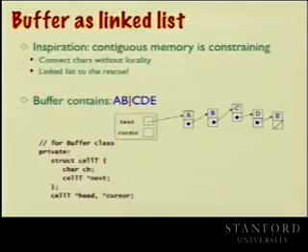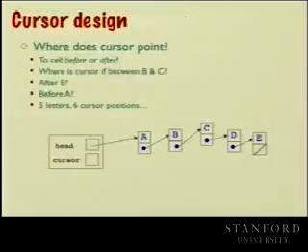Then I'm going to keep 2 pointers, one to the frontmost cell, and one that's going to model where the cursor is within the buffer. Rather than an index, which was handy in the case of the vector where we have direct access, given the way the linked list works, knowing that it's at the 5th cell or the 4th cell isn't really very helpful. It will be more helpful to have a pointer directly into the midst of things to give us direct access to where the cursor is.